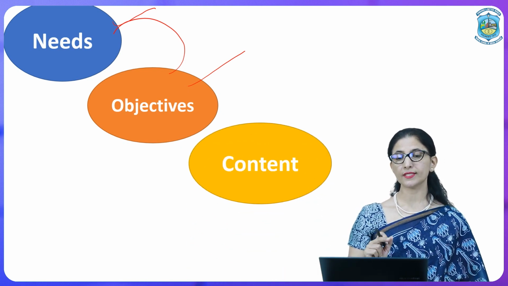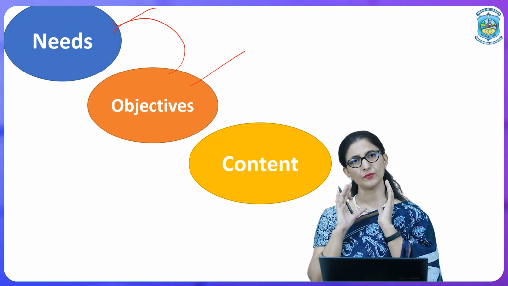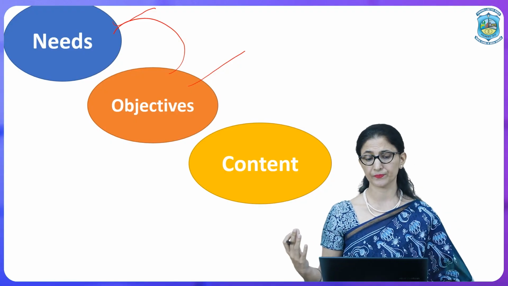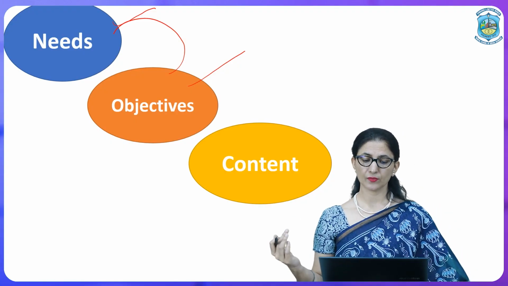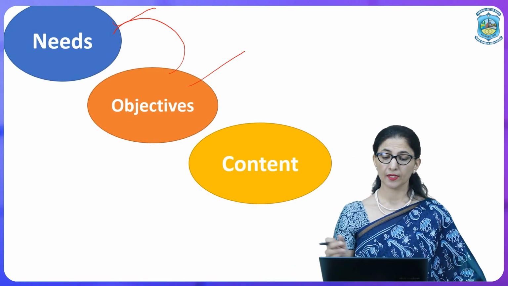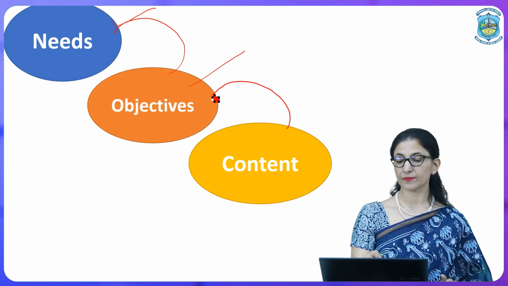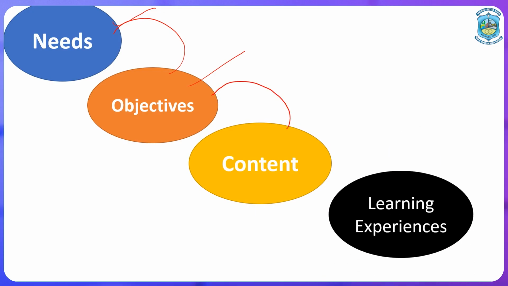Then comes content, the subject matter they are framing, whether for science, mathematics, social science, literature or physical education, and that should be based on the objectives. And the learning experiences, which will really help to transact the information from the teachers to the students, are in line with the content. So that happens during the process of development of curriculum.